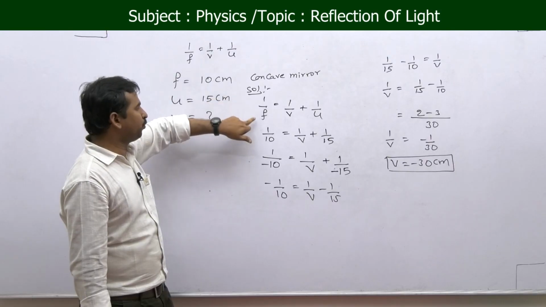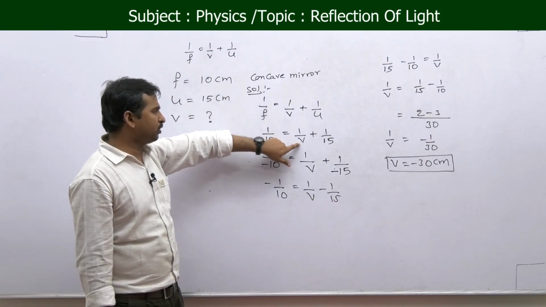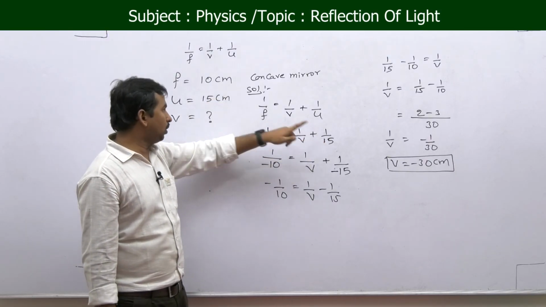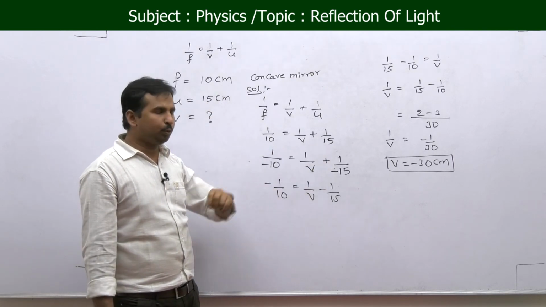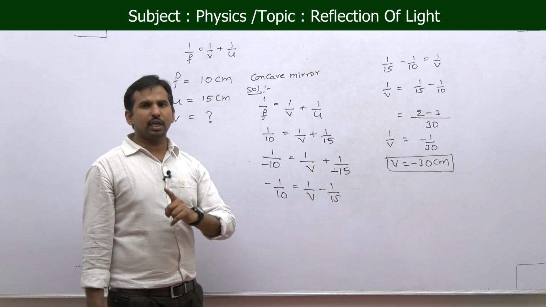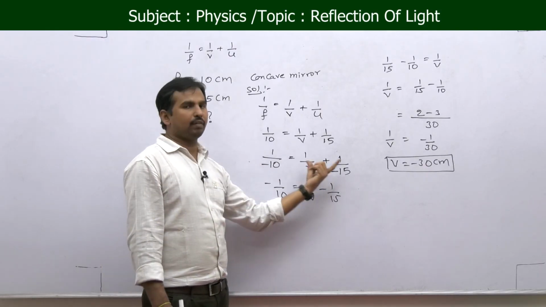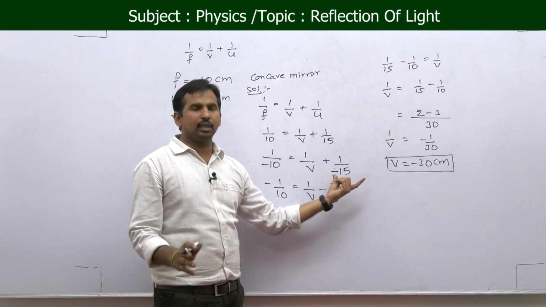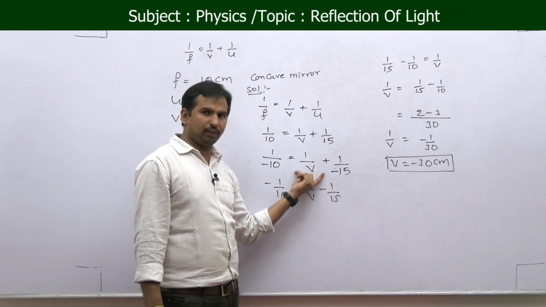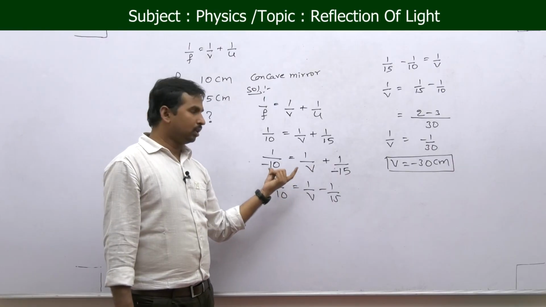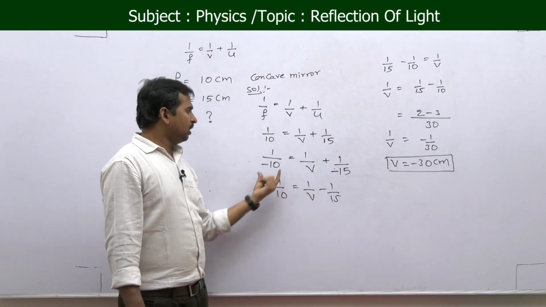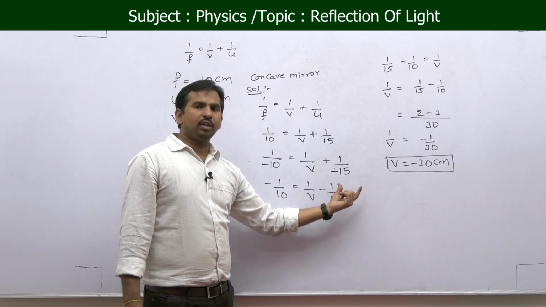In the given problem, focal length is 10, image distance we don't know, object distance u is given as 15, we substituted that. That is step 1. Step 2 is to apply sign convention only for the given values. Don't apply sign convention for unknown values like v in this problem. Then if you apply the sign convention, 1 by 10 minus and 1 by v minus 1 by 15.